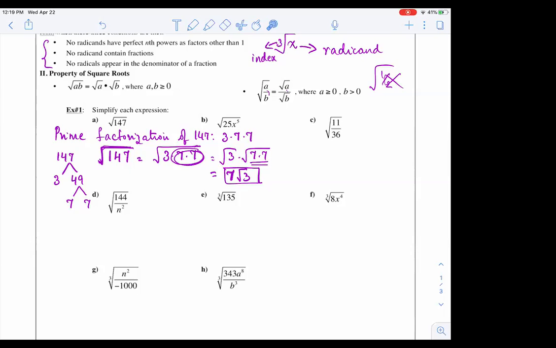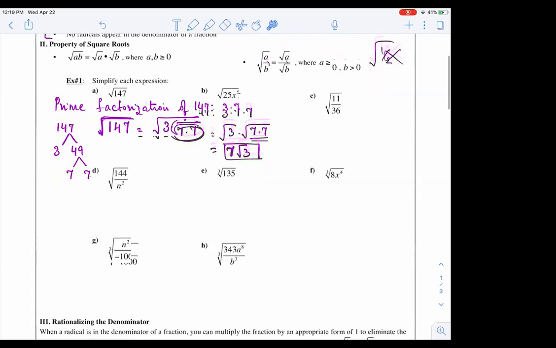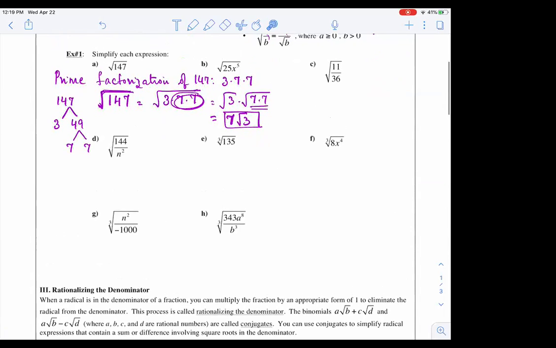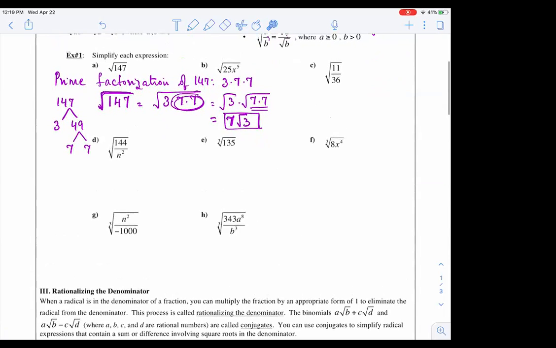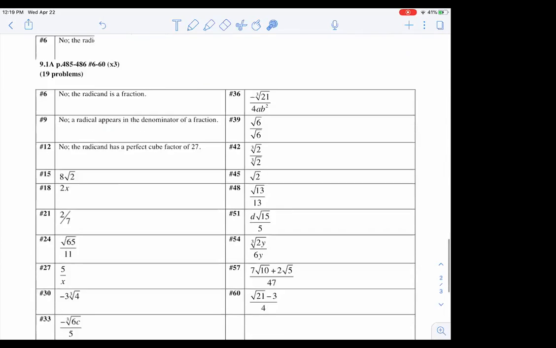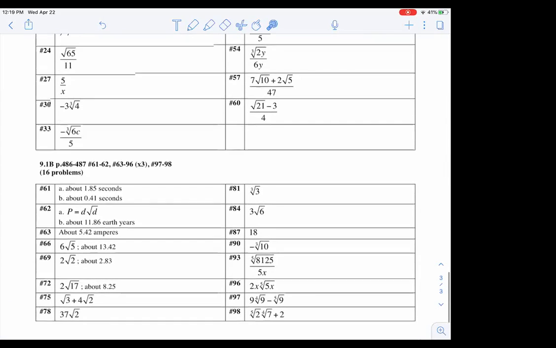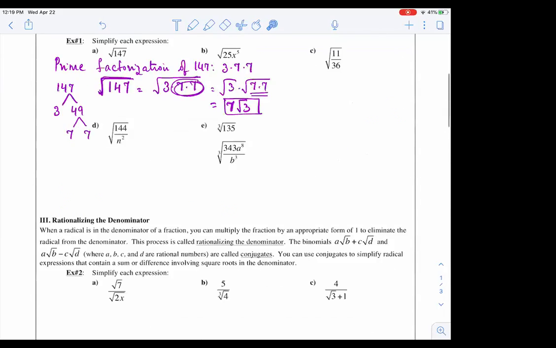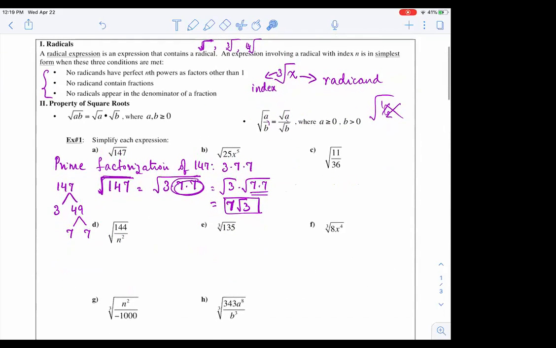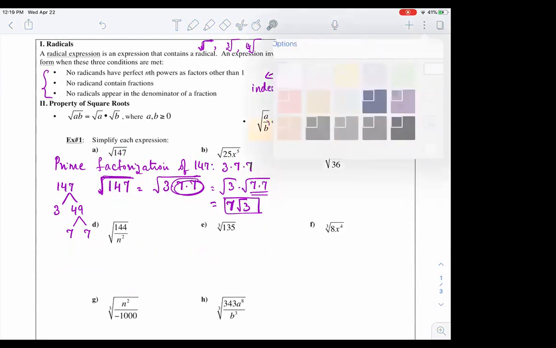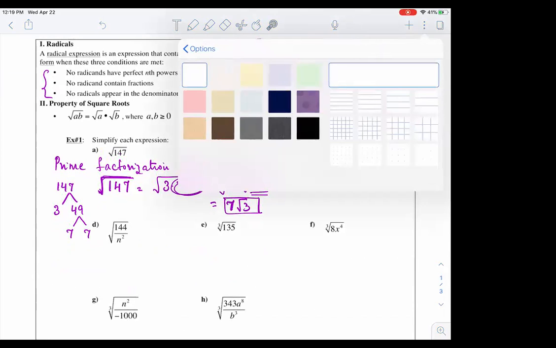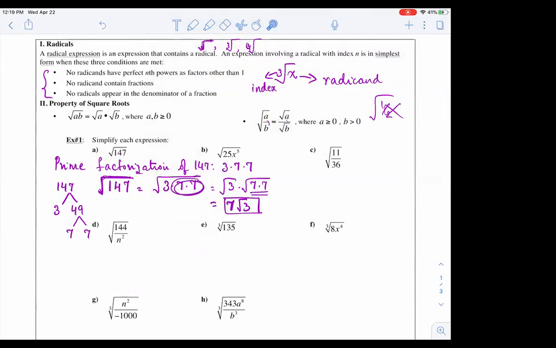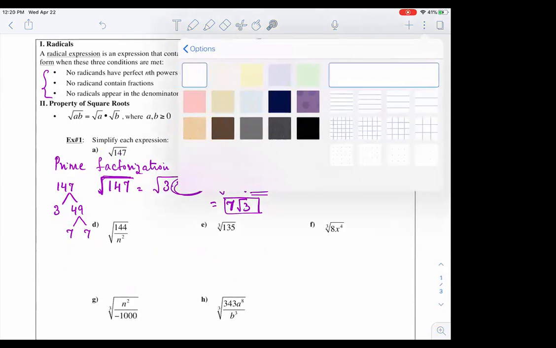Okay. Since I don't have enough space here, what is the next question? Square root of 25x to the power 5. You guys also don't have the question. What do I do? How do I get paper?